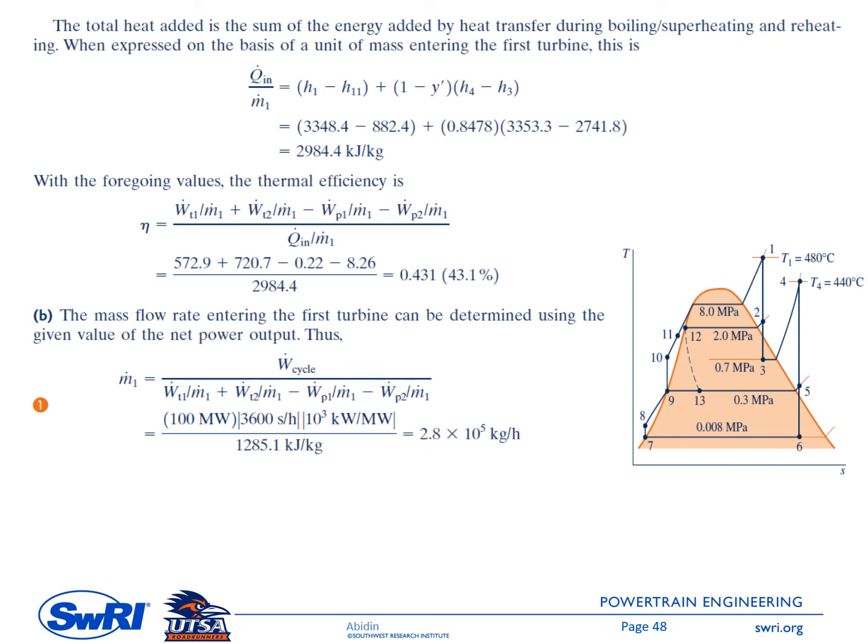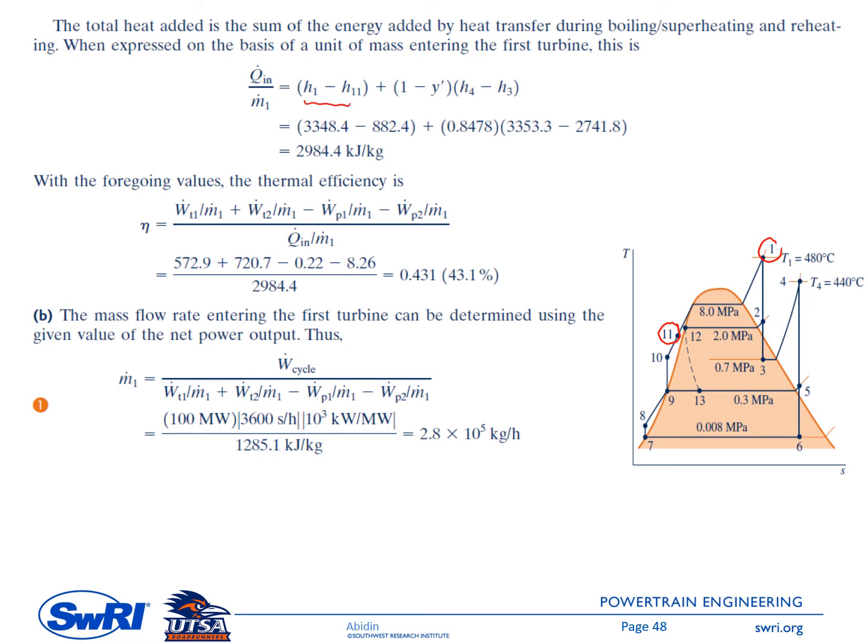The next one is to calculate the Q in. So we have a steam generator, and then we also have a reheater. The first Q in is used to heat up the working fluid from state number 11 to state number 1. So we have this one.